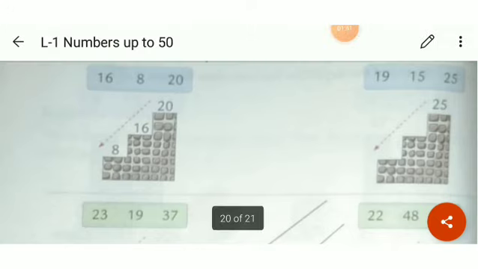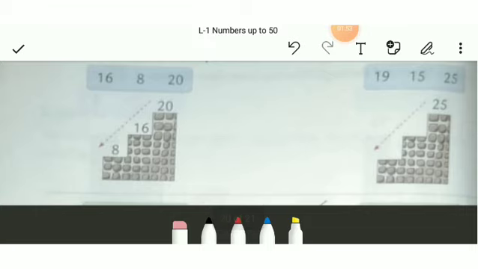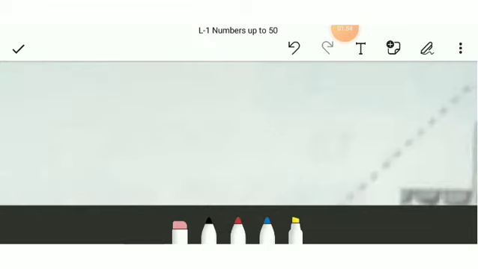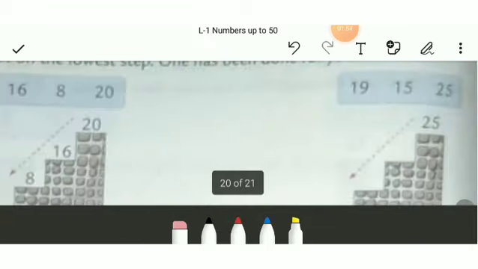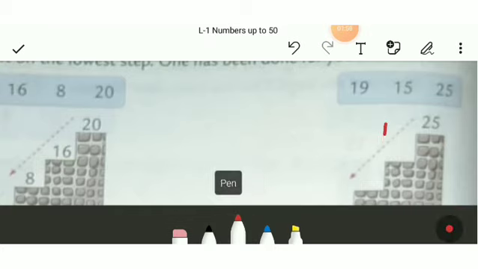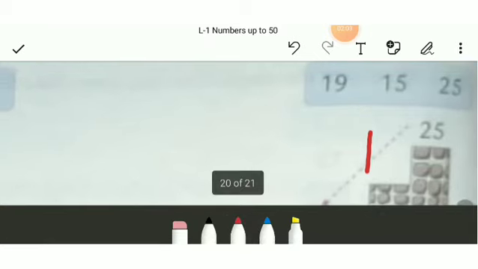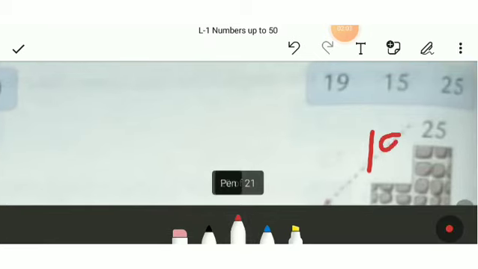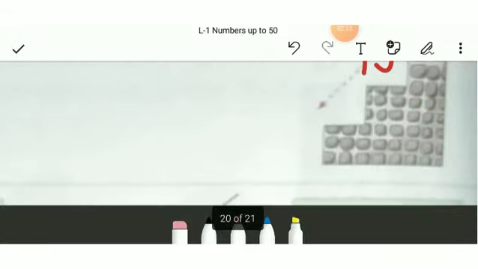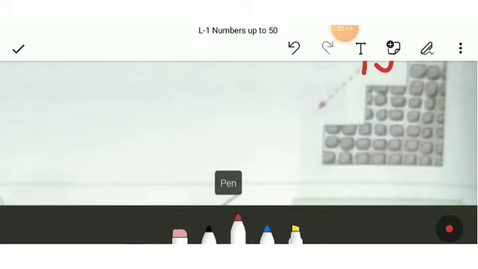So we will write the next number as 19, then the next number as 15. Okay, this way you have to complete the remaining examples.